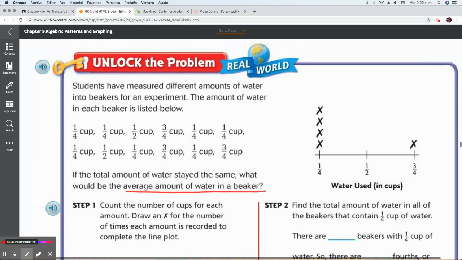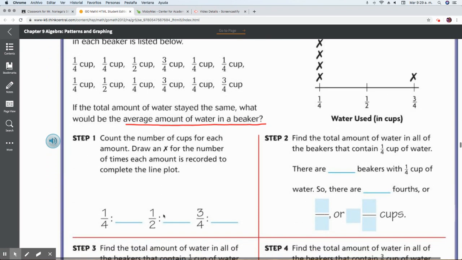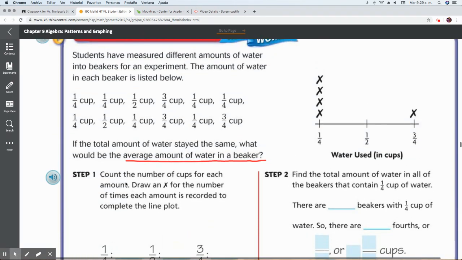Okay, so this process is divided into different steps. Okay, 6 steps. First step is to count the number of cups for each amount. Draw an X for the number of times each amount is recorded to complete the line plot. All right, so what we're going to do is start with 1/4. How many 1/4s do we have here? Okay, and as I count, I am going to cross them out.